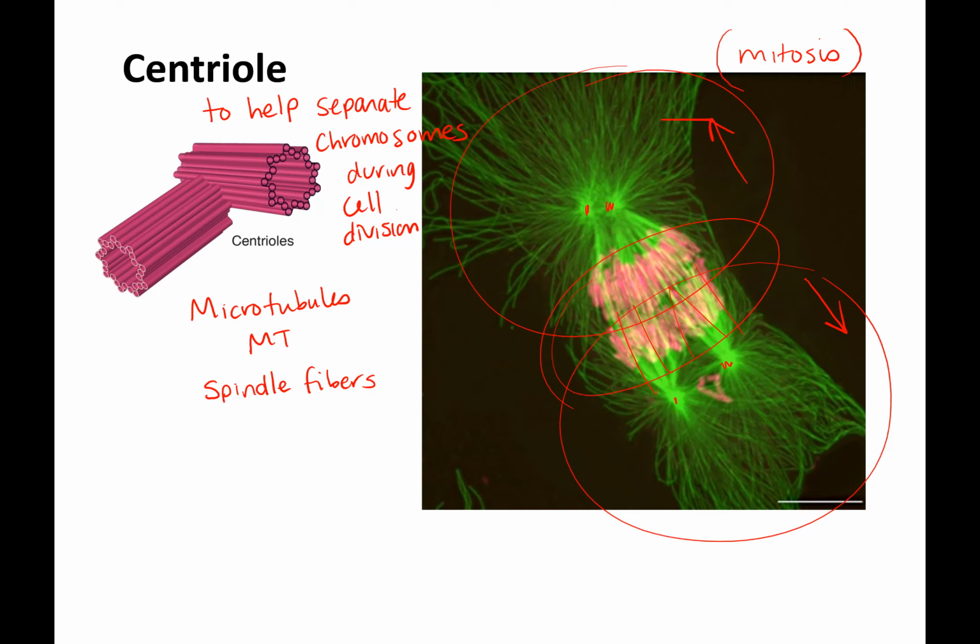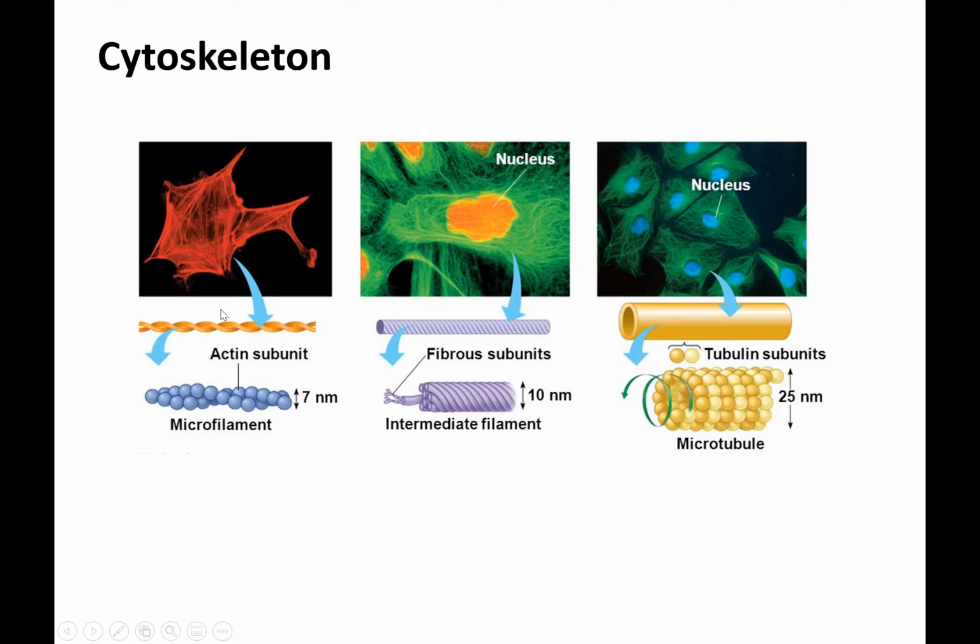So we've already talked about centrioles. Now I want you to add to it that they are a type of microtubule, so they belong to the big class of structures known as cytoskeleton. There are three main classes that make up cytoskeleton.